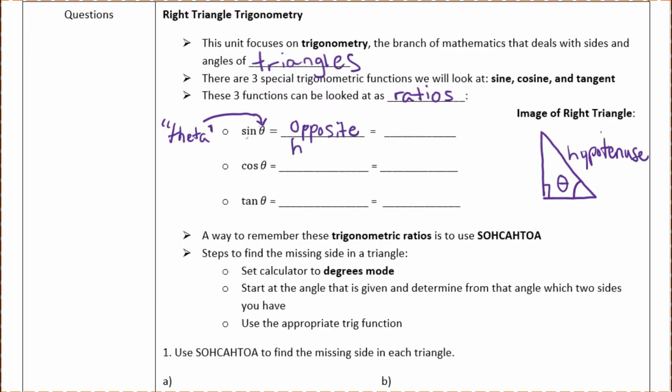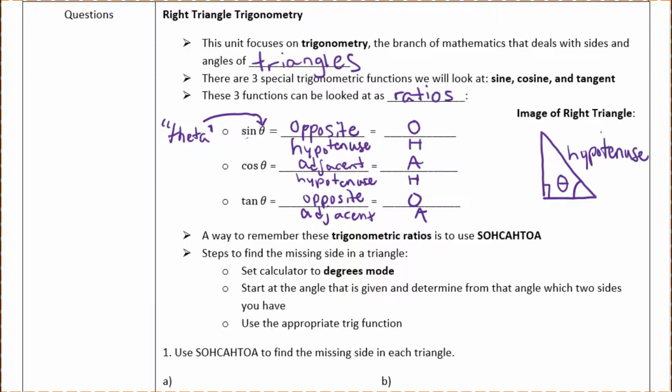So opposite over hypotenuse, or O over H. And then cosine is adjacent over hypotenuse, or A over H. And tangent is opposite over adjacent, or O over A.